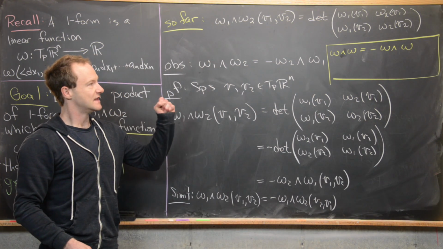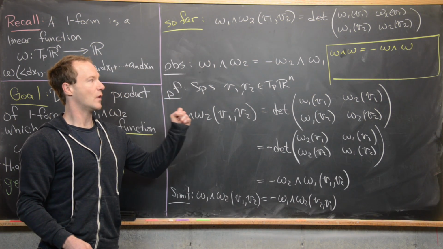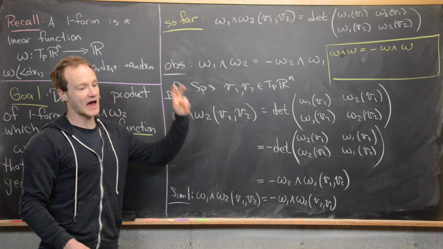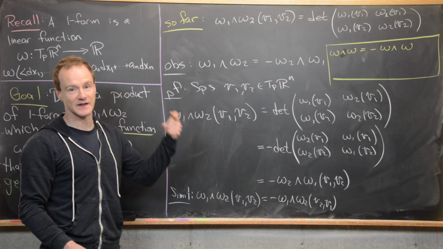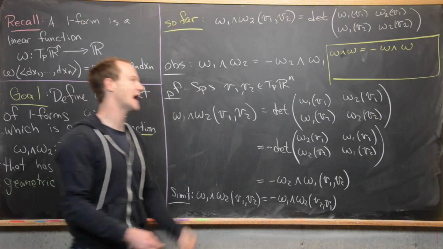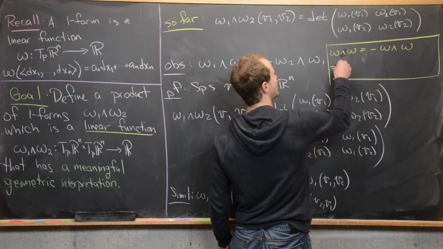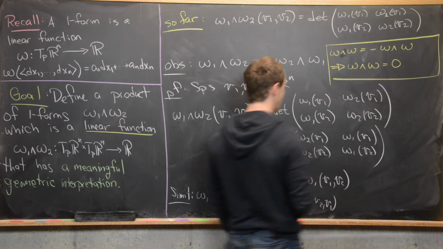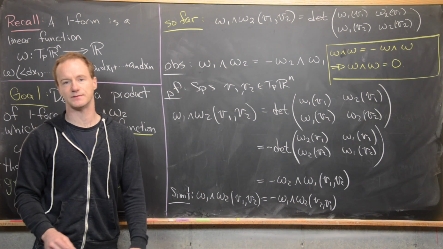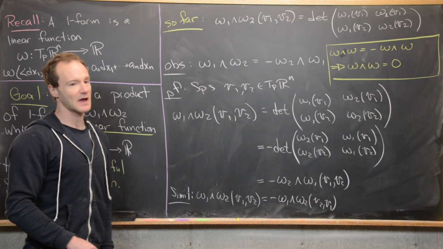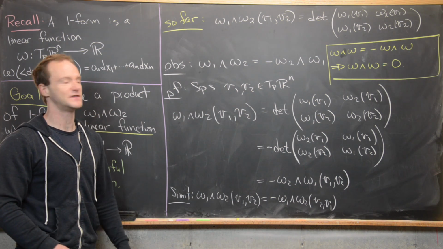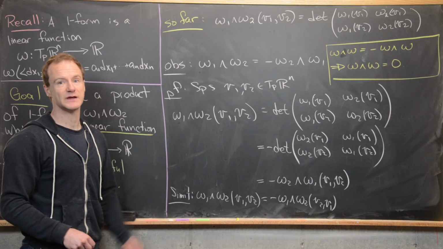So in other words, for this function, which is the wedge product of a one form with itself, you can do that anti-commutativity and you'll end up with the negative. So a function is equal to its negative, but there's only one function that satisfies that, and that's the 0 function. So we have omega wedge itself has to be equal to 0. Okay, I'm going to go ahead and clean up the board, and then we're going to look at a special case of this product for TPR2.